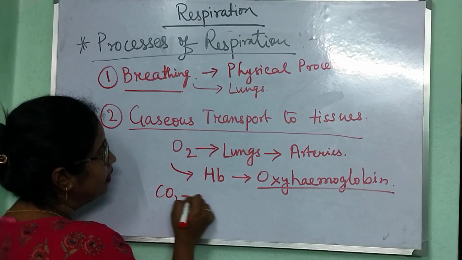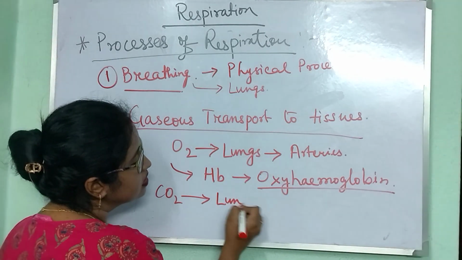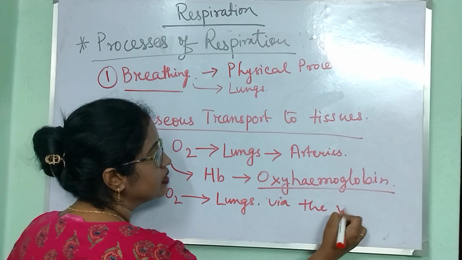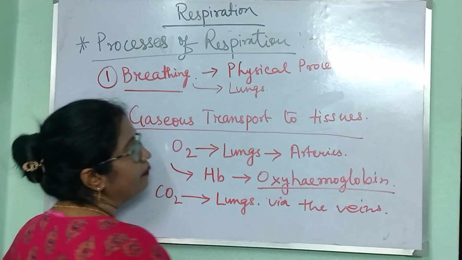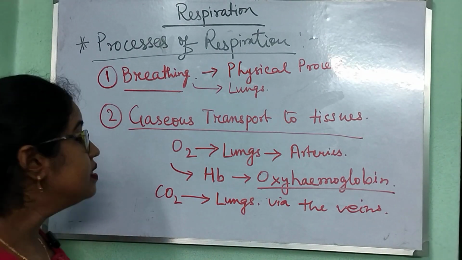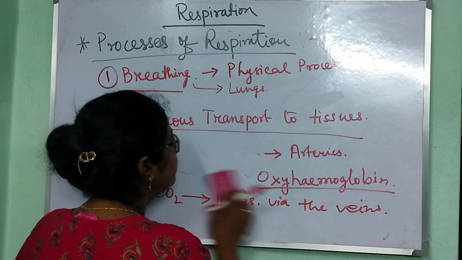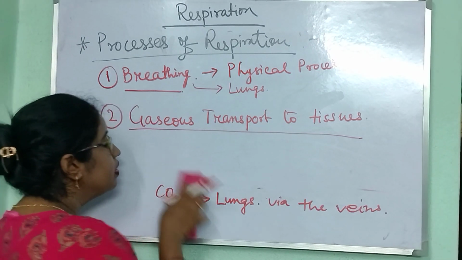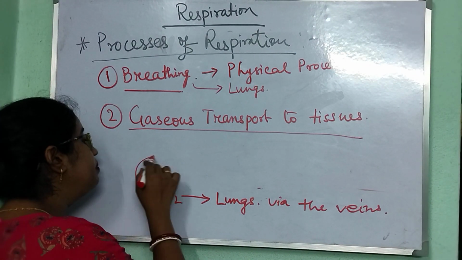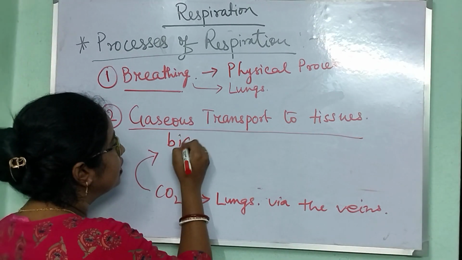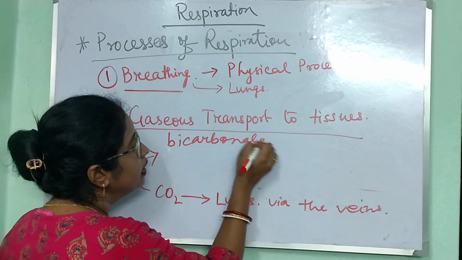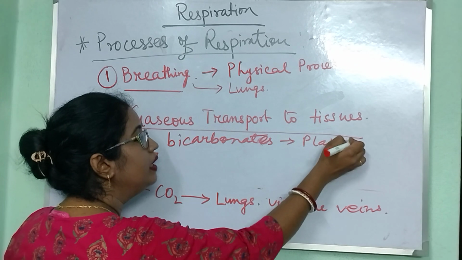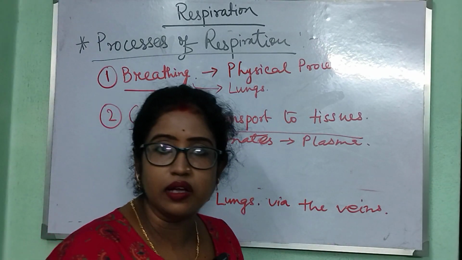The carbon dioxide transport occurs in two different ways. First, carbon dioxide forms bicarbonates, which dissolve in the plasma of blood and are transported to the lungs.